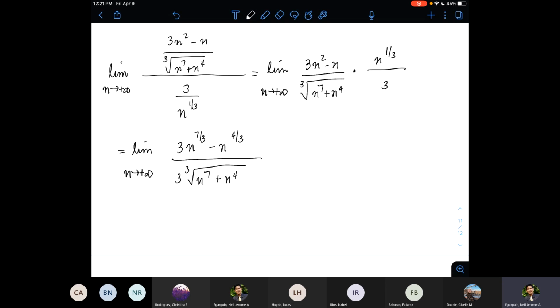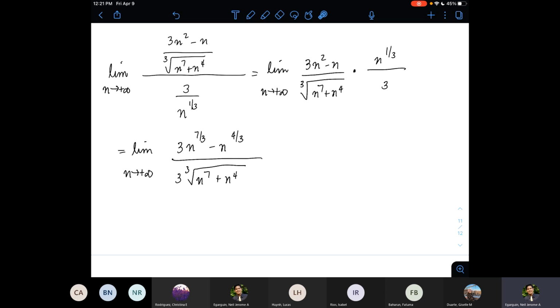Now you can use the shortcut we learned in Cal 1, because here you can look at the highest power on top. The highest power in the numerator is n to the 7/3. In the denominator, what's the highest power? Or what's the highest effective power?